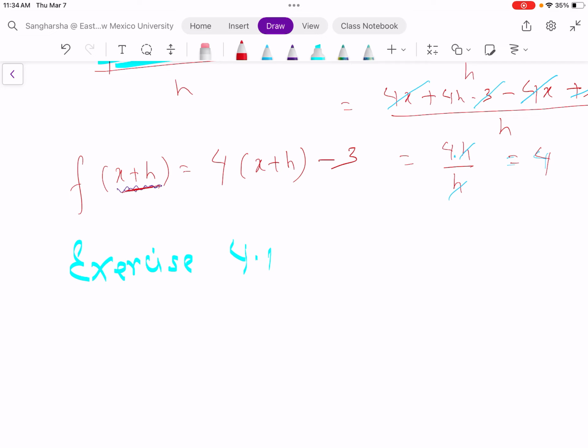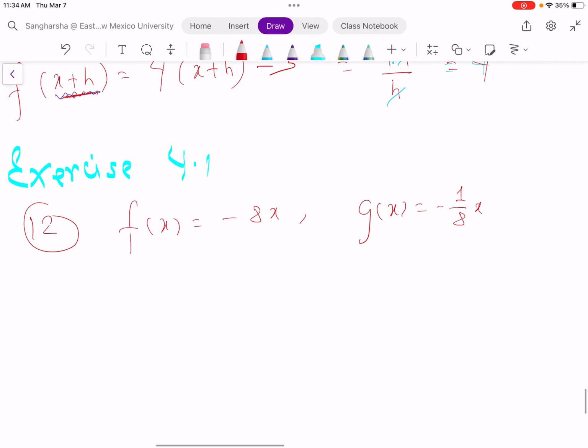We have number 12, and we are asked to verify that the functions are inverses of each other. We have f of x equals negative 8x and g of x equals negative 1 over 8x.